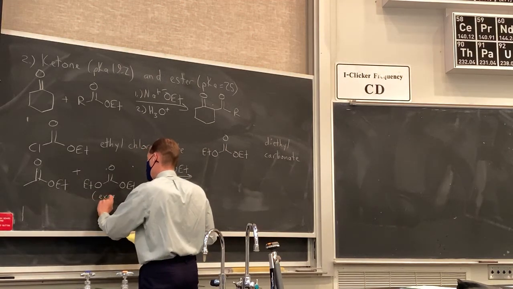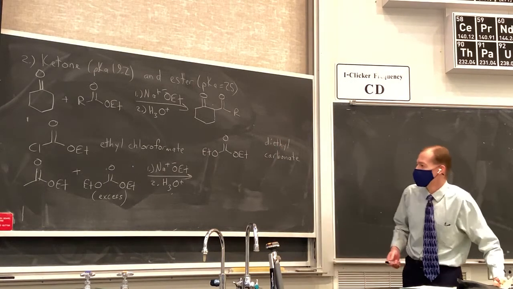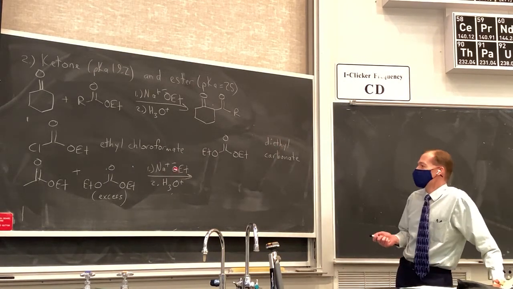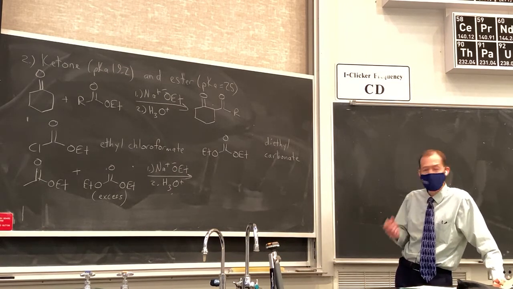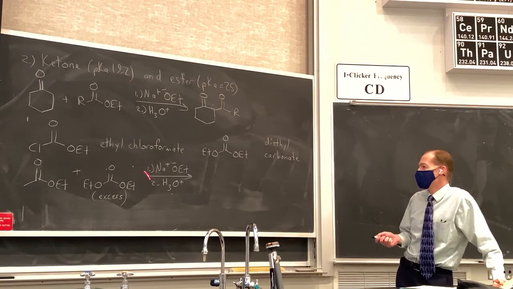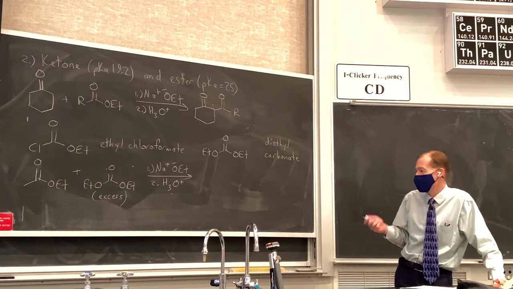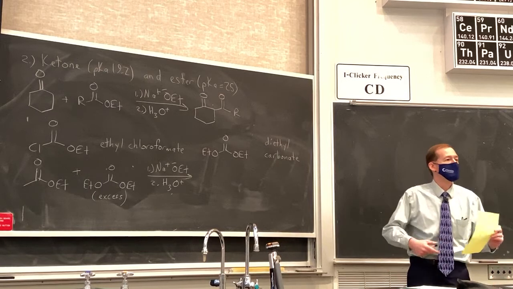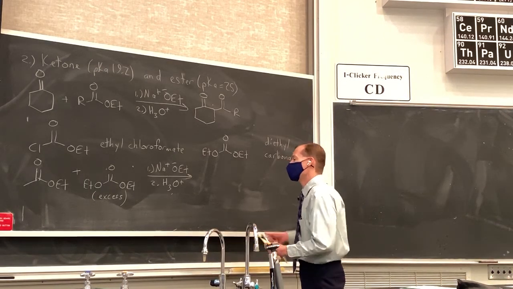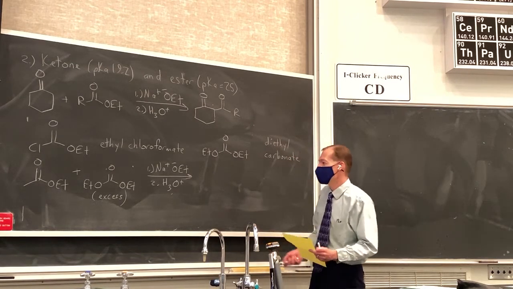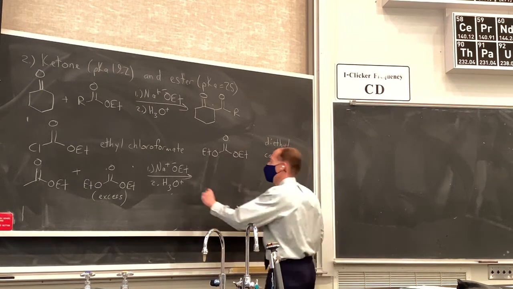We're actually going to use excess of this diethyl carbonate species. So under these conditions, we're going to make the enolate of our ester. As long as we have excess of our diethyl carbonate, that enolate will react with the diethyl carbonate as opposed to another molecule of itself. And then it's going to displace one of our ethoxy groups. But because there's two, the other ethoxy group is going to remain.